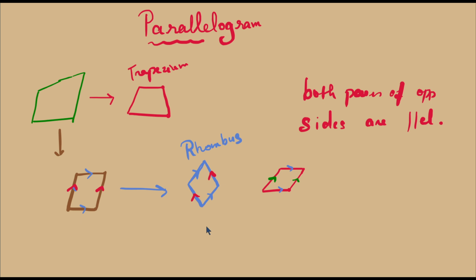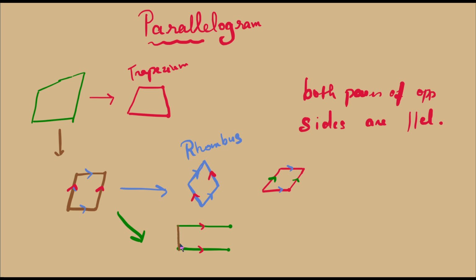Now there can be one more way of drawing a parallelogram. This is also a parallelogram. Here the sides may remain unequal, that is, these two opposite sides are parallel to one another and the other two sides are perpendicular to these sides which are already drawn.